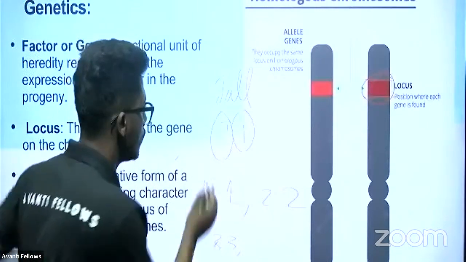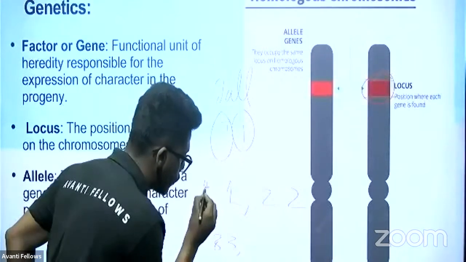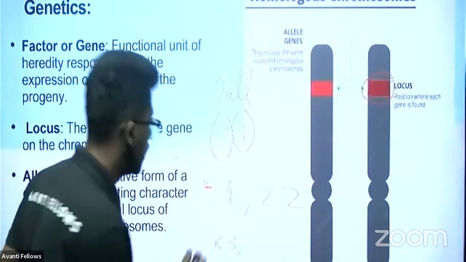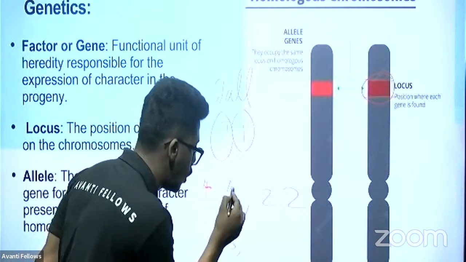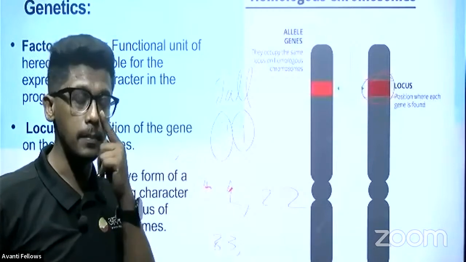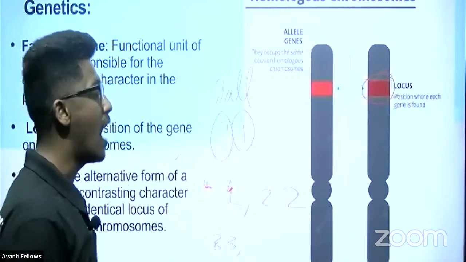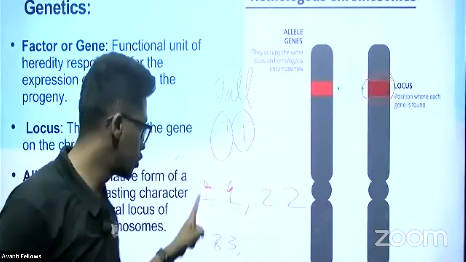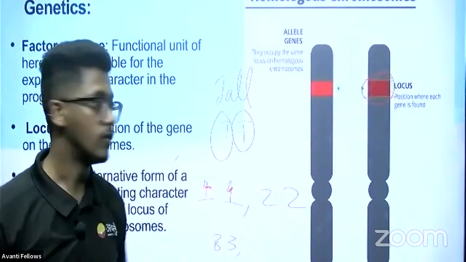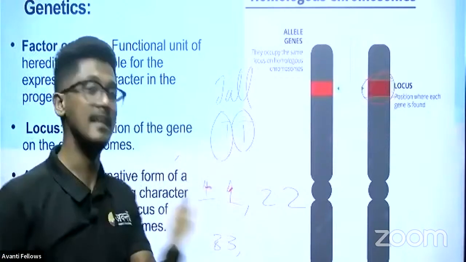Then the other homologous chromosome should also carry the same gene. If I have one gene in one chromosome, another homologous chromosome also should carry the same gene. So that's why we always represent alleles in pairs.